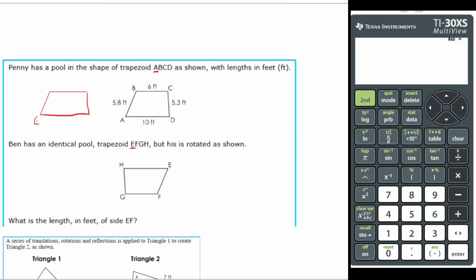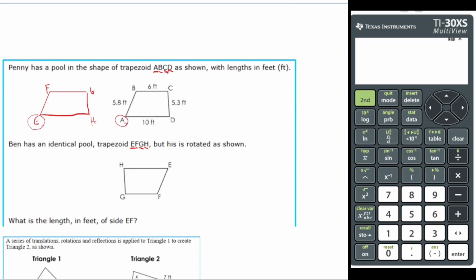So A becomes E. I'm taking out this A and putting E where A was. B is our second, F is our second. So F goes where B was. C is our third, G is our third. So G goes where C was. And D is our fourth, and H is our fourth. So H goes where D was.